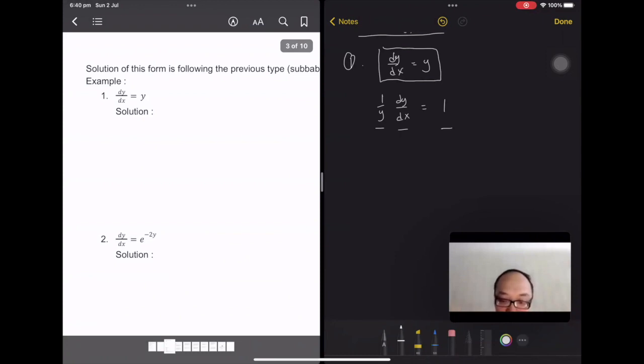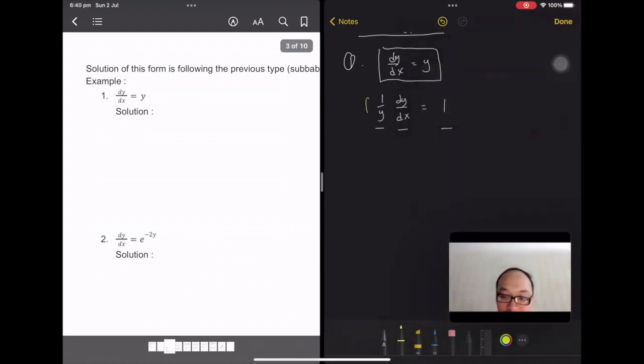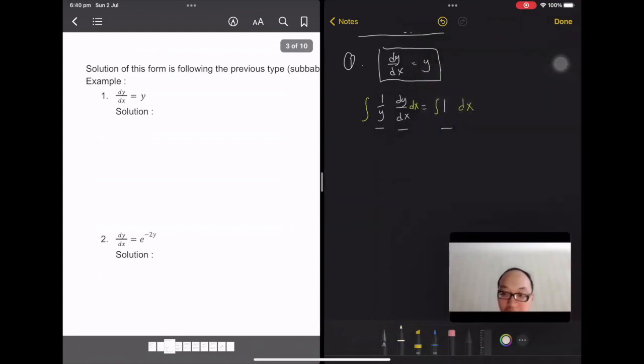And then we can integrate both sides with respect to x. So it simplifies to the integral of 1 over y dy equals the integral of dx.